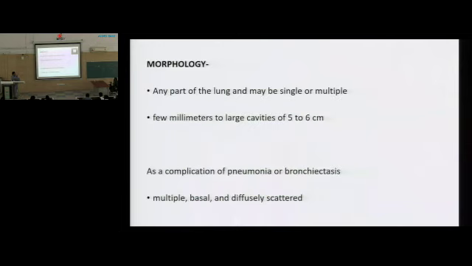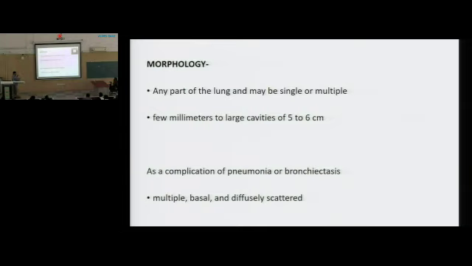Morphologically, it can occur in any part of the lung, and it can be a single abscess, or patients may have multiple abscesses. They vary from a few millimeters to larger in size, 5 to 6 centimeters.